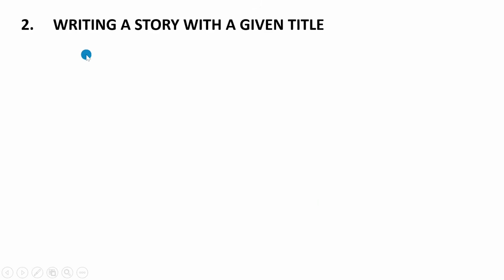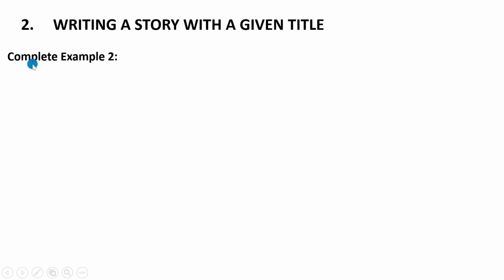Okay, so two, we are talking about writing a story with a given title. What we spoke about in that previous revision was that one of the types of questions brought in English paper 1 is writing a story with a given title. And I'm continuing to give you another example.